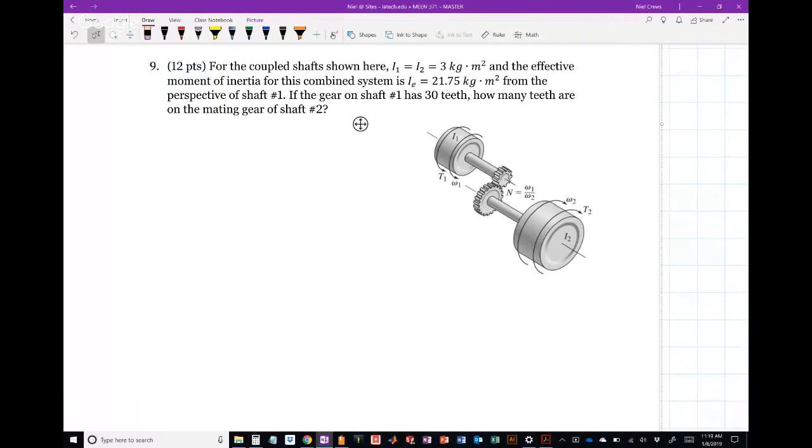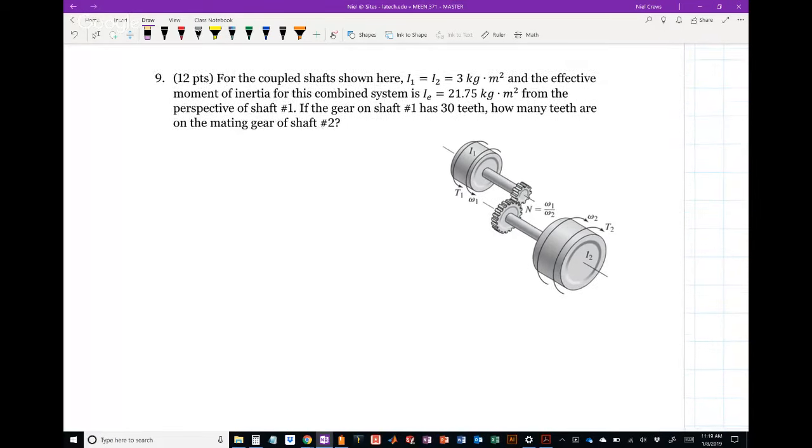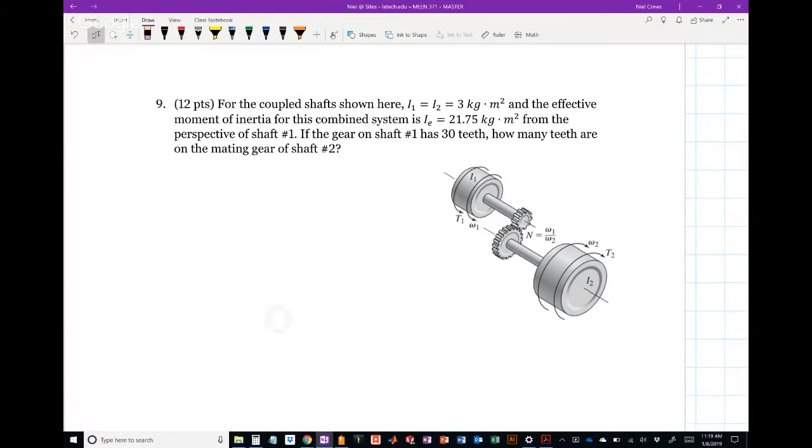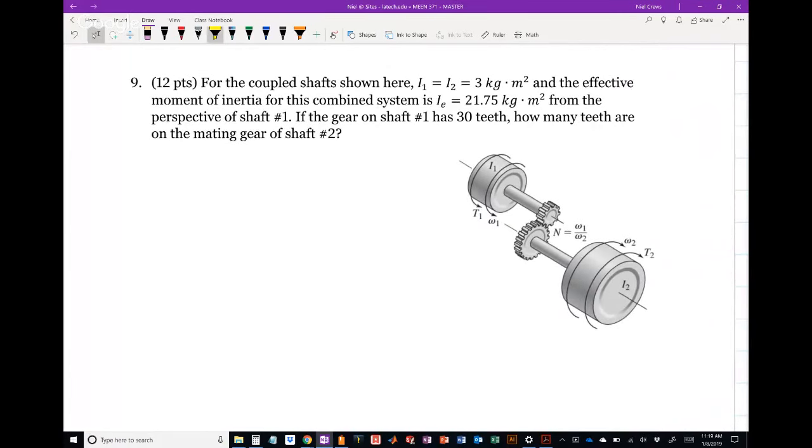to find out how many teeth. Now, I hope nobody sat down and actually counted how many teeth were on these. That was not my intent in producing this drawing for you. But we are given 2 inertias here, and then we have an effective inertia. My hope was you'd say, wow, that's big.